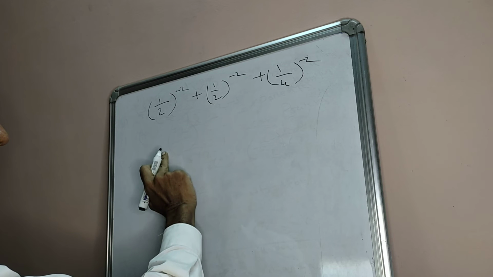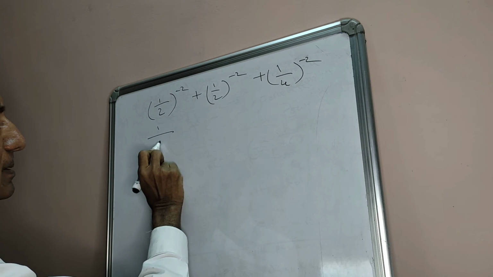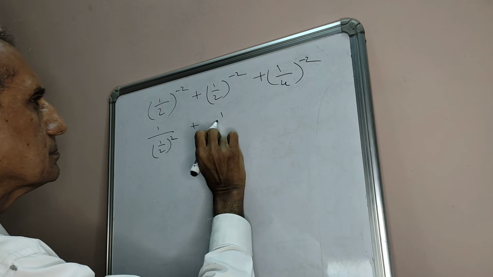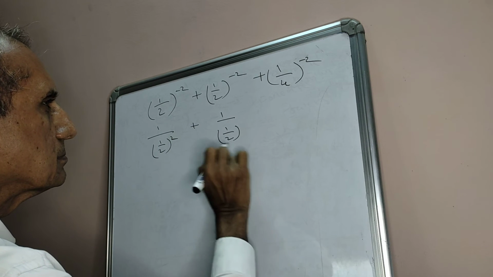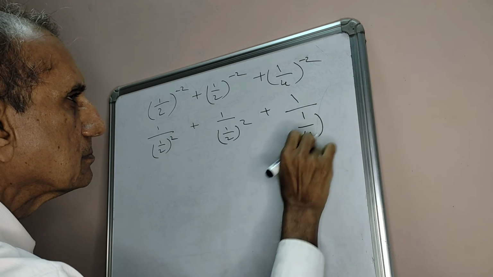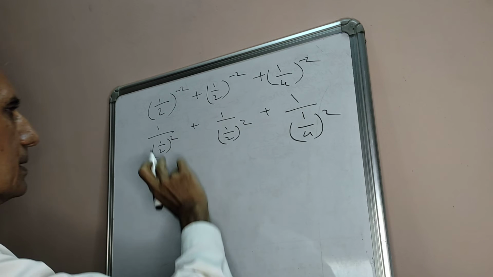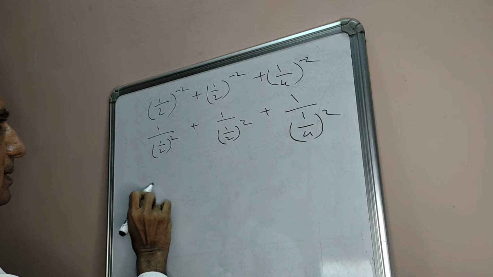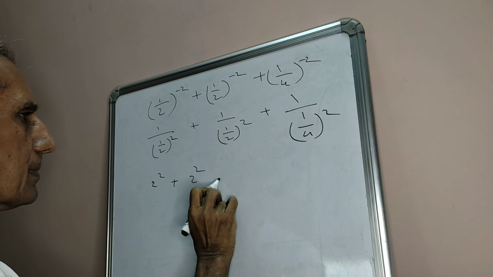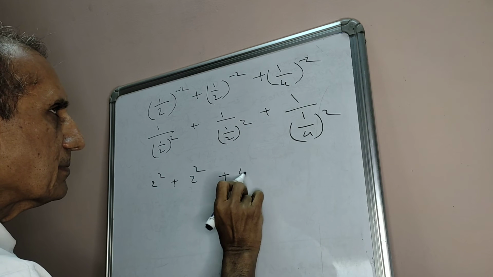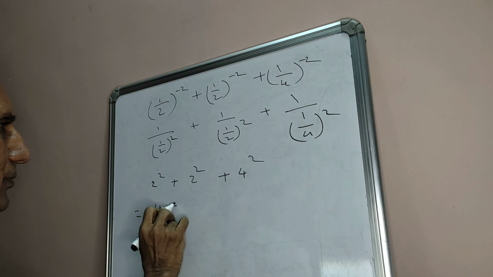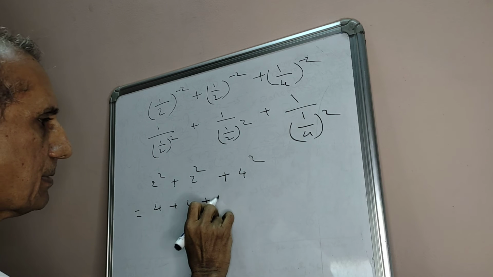1 by a^m. So this gets inverted, this goes up. So 2 square plus 2 square plus 4 square. That is 4 plus 4 plus 16.